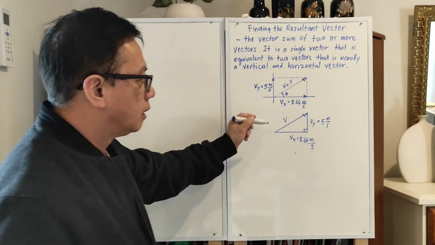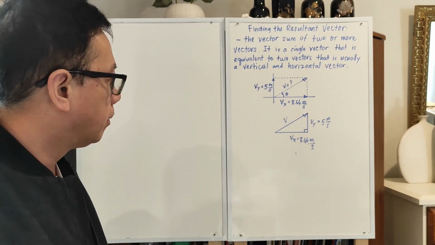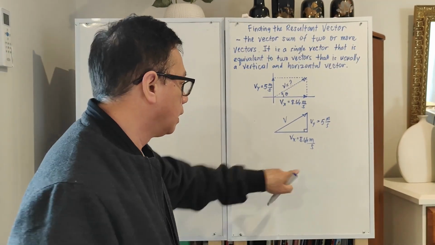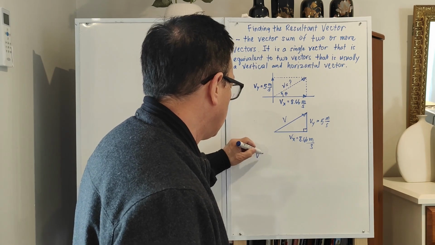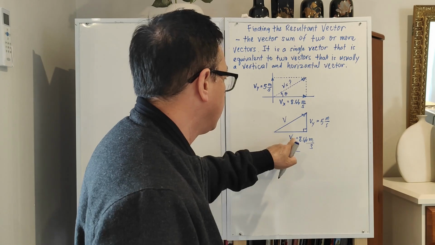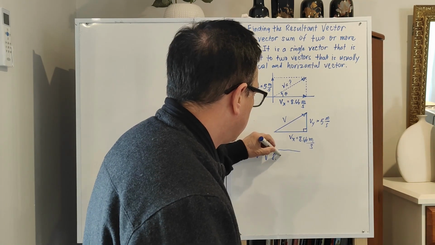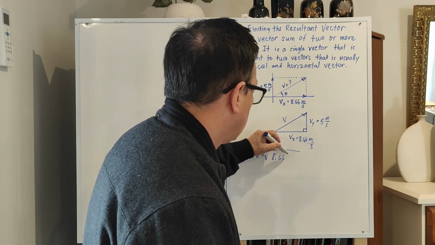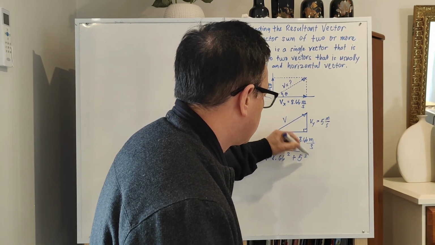Now this is a right triangle, so we can use the Pythagorean theorem to solve for V. So V is equal to the square root of this one and this one. So 8.66 squared plus 5 squared.